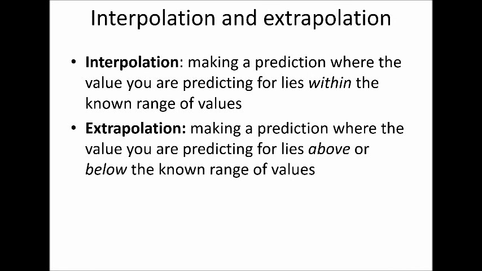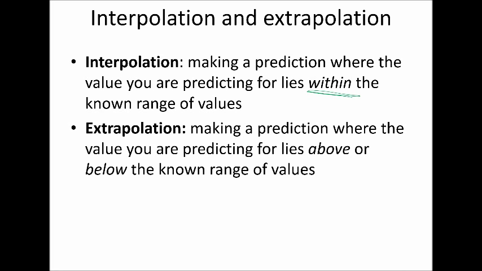Very simply, and again, this goes back to what we did with data management very early on in the year. Interpolation is making a prediction where the value you're predicting for lies within the known range of values.